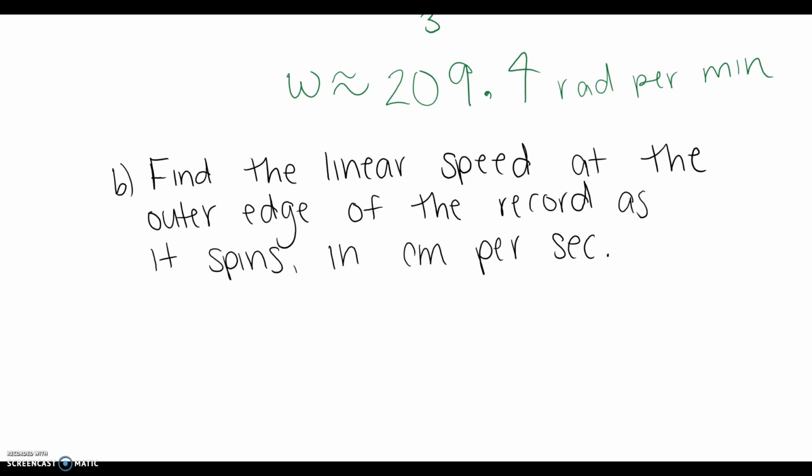Okay, so linear speed, remember, is v equals, so the velocity equals the radius times theta divided by time. And remember, r times theta is just s, which is the arc length.